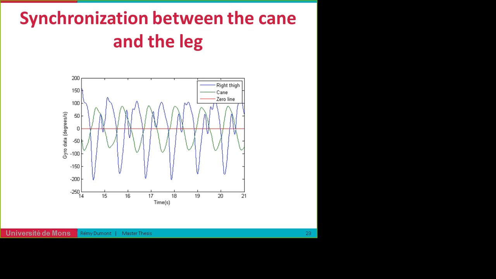This is accurate because at the initial contact point, we should have the end of the movement of the cane on the other side. So we have developed an algorithm to compute the time difference between two related points. That means when the right foot initial contact point is found, we compute the time difference with the closest left-hand side end of movement of the cane.